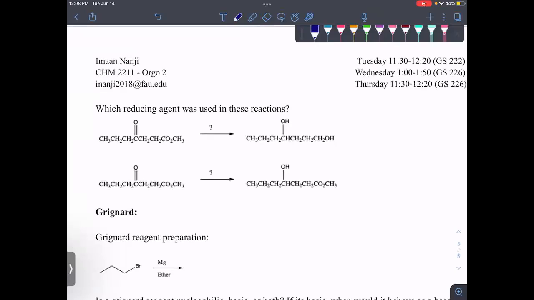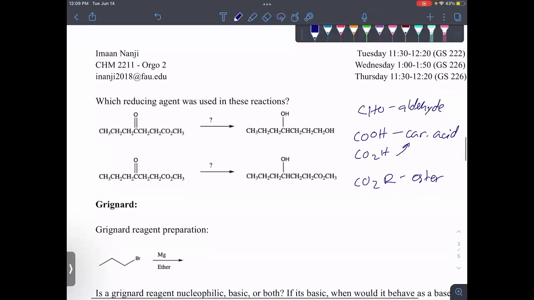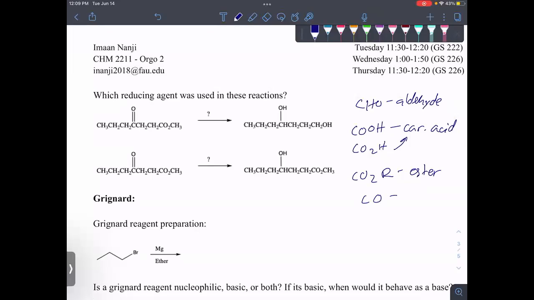An aldehyde in condensed is CHO. Carboxylic acid in condensed is going to be COOH, or CO2H. CO2R is your ester. And CO is ketone.